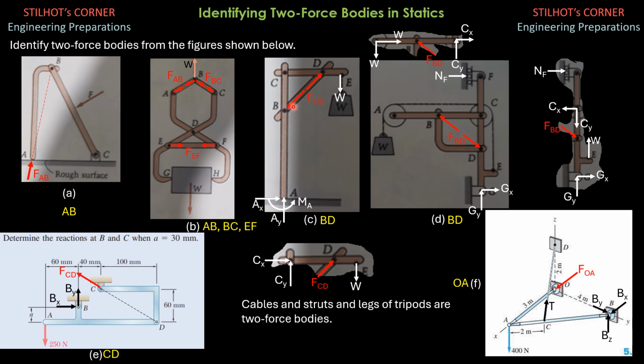So we define a two-force body as one that is end supported, and in between that support, in between the pins normally, there is no force. Meaning there should be no force in between the ends of a two-force member or two-force body.